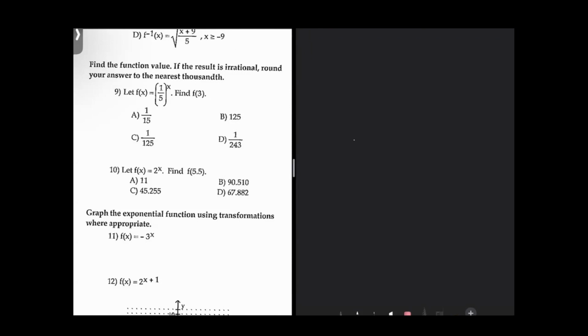With number 9, we're given an exponential function, and they want to find a given value. So let's look at this exponential function. We're given f of x equals 1/5 raised to the x. The x currently at the moment is unknown.